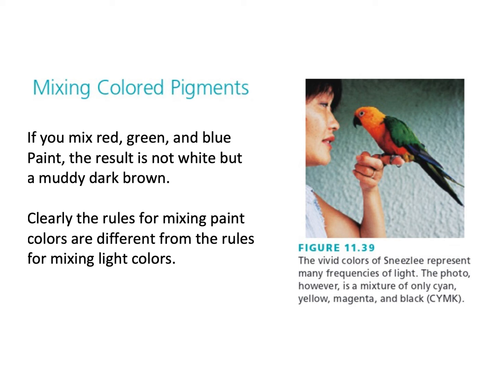And just like there are three primary colors for light, there are actually three primary colors for pigments too. And the three primary colors for pigment are cyan, magenta, and yellow. And by combining the different pigments, that's how you make different colors with paints or with ink or things of that nature.